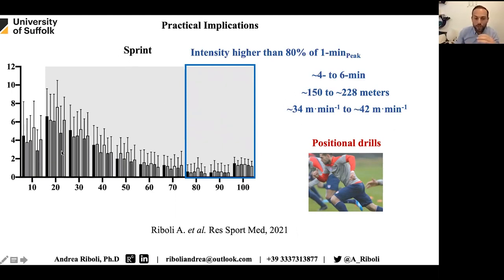So we can consider the information coming from the distribution of match activities with regard to the 1-minute peak to create some supplemental activity, for example, positional drills or other running-based exercise, and we have an example of the intensity and the minimum requirement during official matches at this intensity.